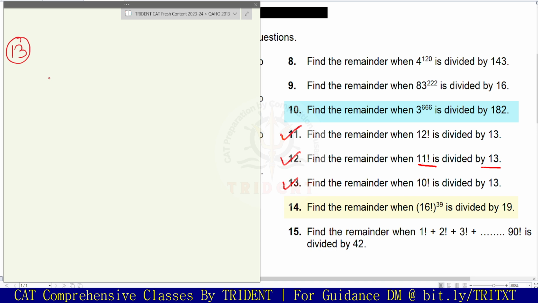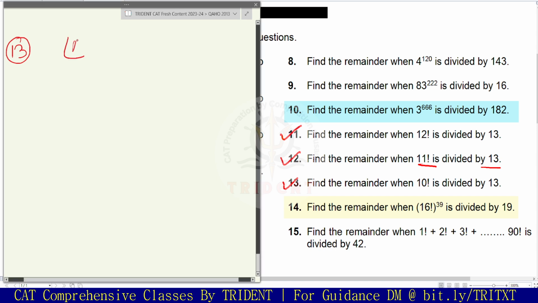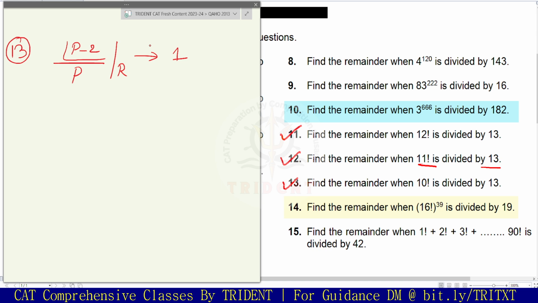So let's use the appropriate Wilson's remainder theorem, which is (p minus 2) factorial divided by p. This is a little not too visually appealing, but (p minus 2) factorial by p gives remainder 1.